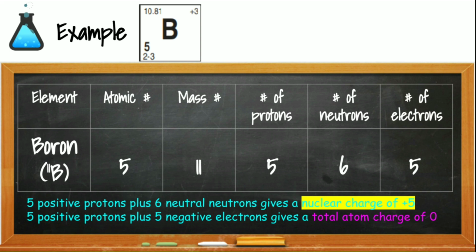So the charge inside of our nucleus is due to our 5 positive protons and our 6 neutral neutrons. So the charge of the boron 11 nucleus is plus 5. But the entire atom's charge must take into account the positive protons, the neutral neutrons, and the negative electrons. So the charge of the boron 11 atom is 0 or neutral.